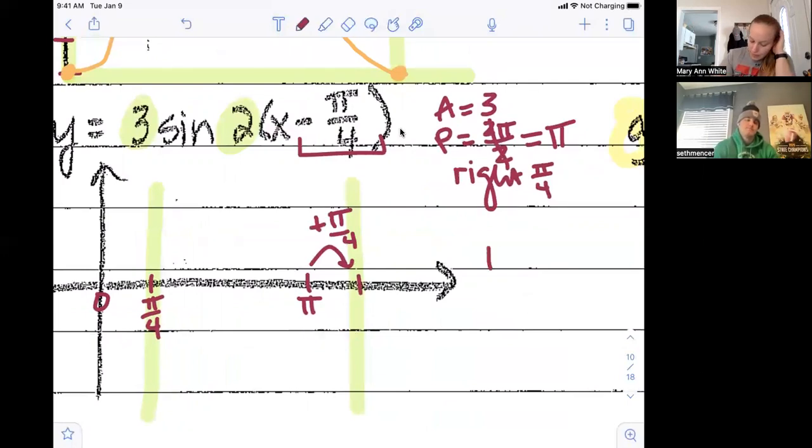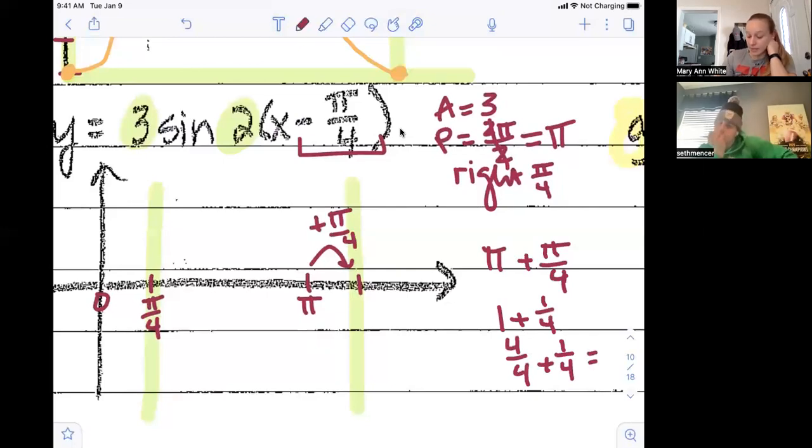So pi plus pi over 4, if we remember our fractions, and again, we can take the pi's away, we can just make it 1 plus 1 over 4. We know 1 is the same thing as 4 over 4 plus 1 over 4. I had to get like denominators in order to add them together, but now I can add them together. 4 plus 1 is 5. So 1 pi plus pi over 4 is the same thing as 5 pi over 4. So that's where I'm going to be right here.